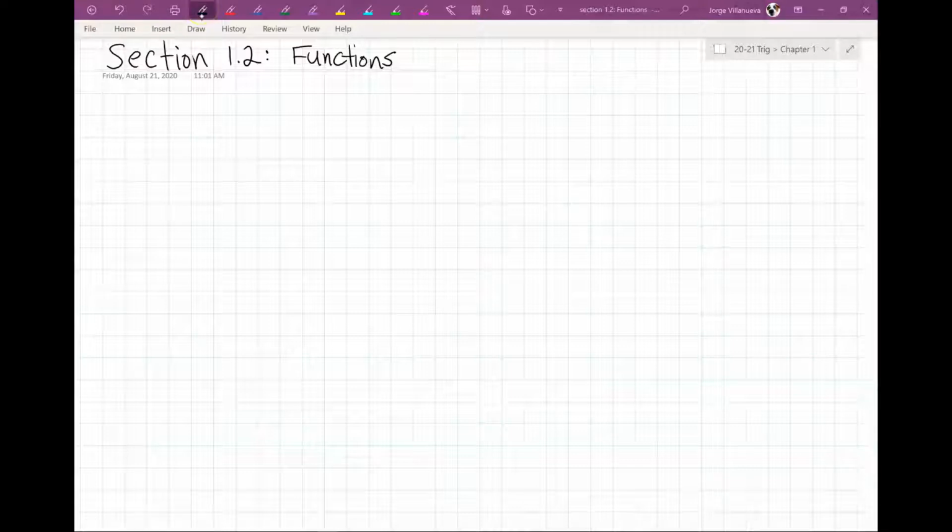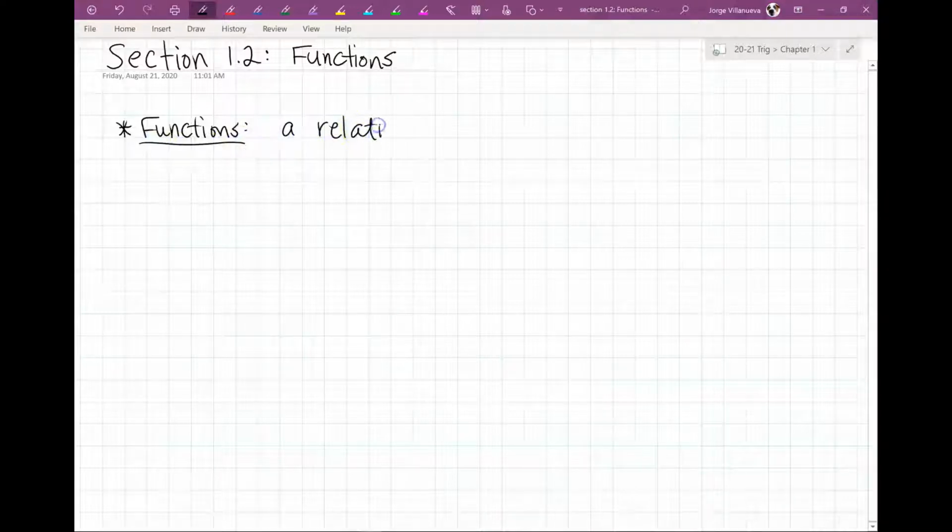Okay, so let's start off with just the definition. Functions. Now, a function is a relation. A relation can be described as just a set of points, just a lot of different points.